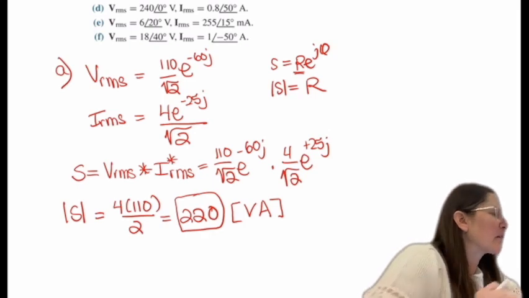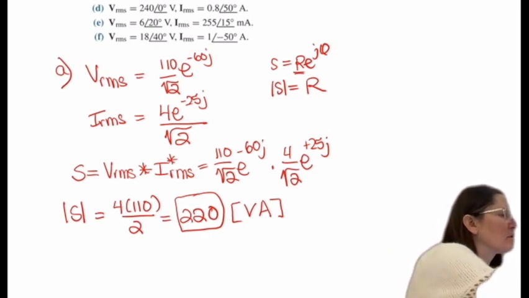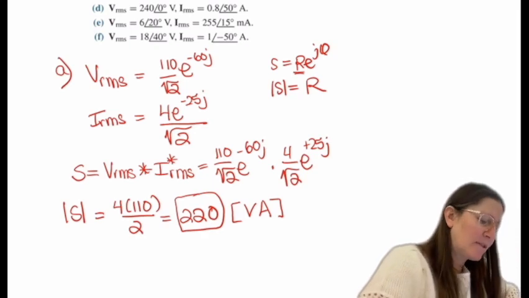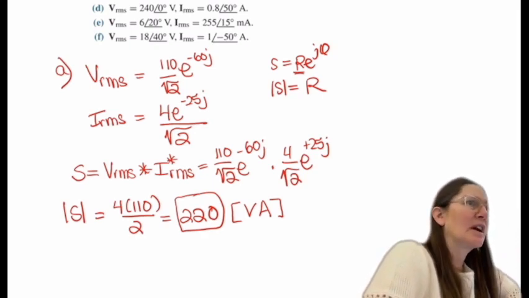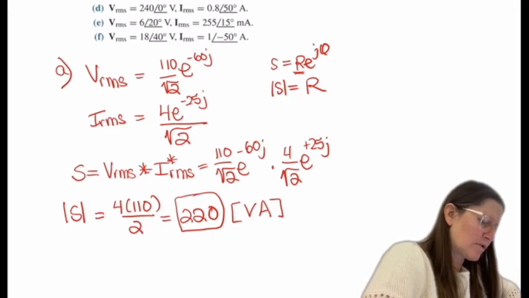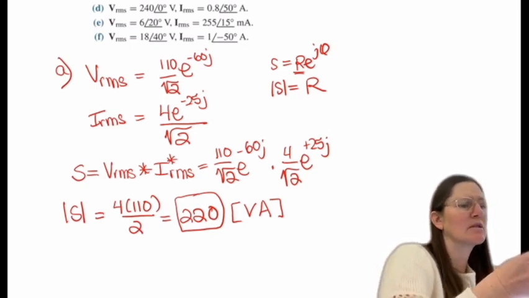So it's not the absolute value, it's the magnitude, because we're talking about a complex number. Because it's polar form, and then we're taking the magnitude of that, which is just 110 times 4 over square root of 2 squared. Does that make sense?